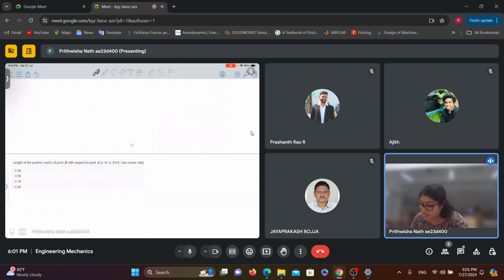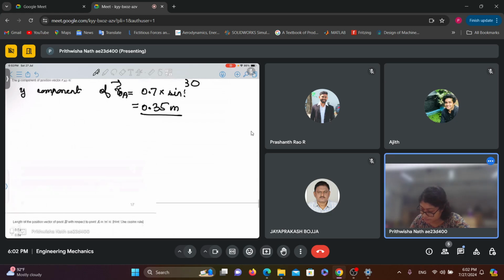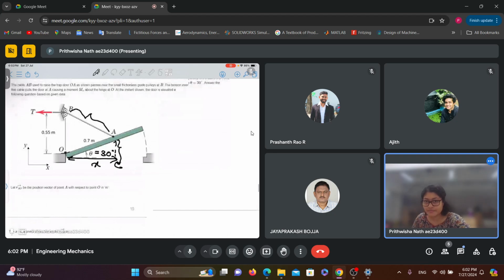A hint is provided, use cosine rule. So can you try to solve this problem? This part of the problem, that is the length of the position vector B with respect to A. You need to use the cosine rule. Here is the picture. You can try to solve.